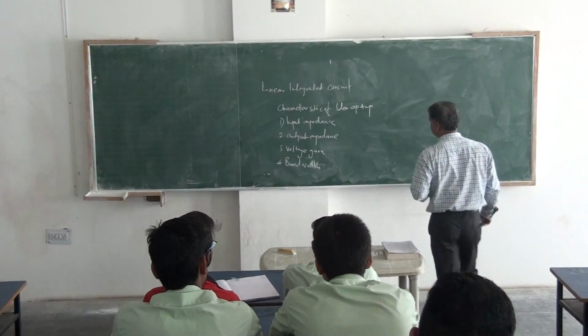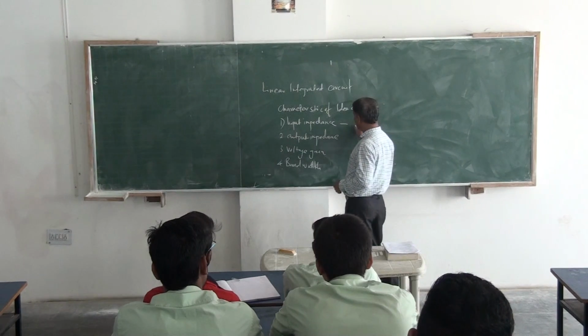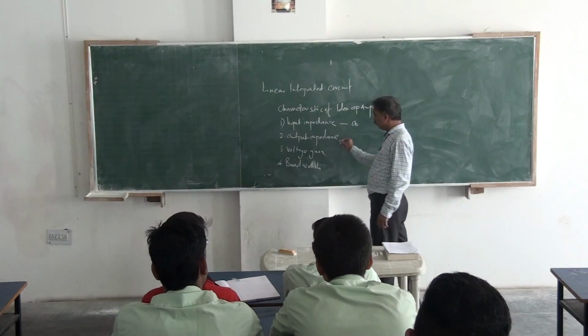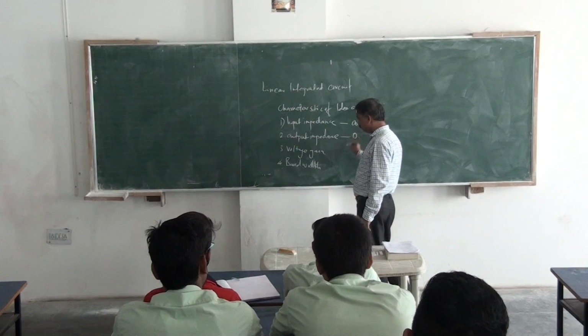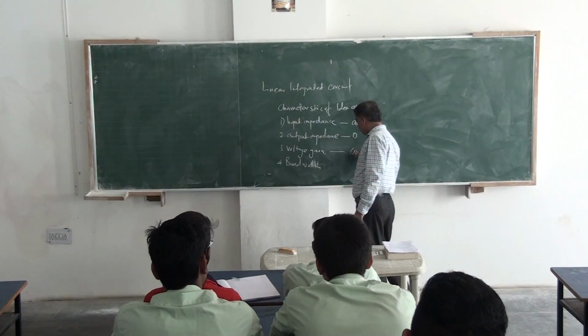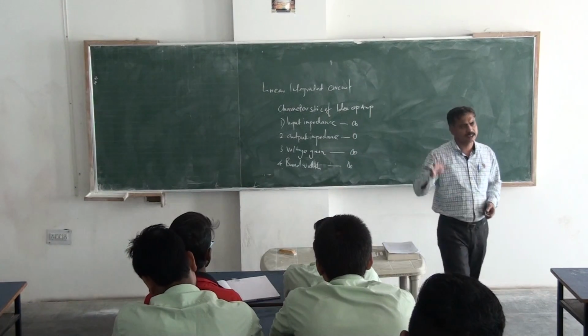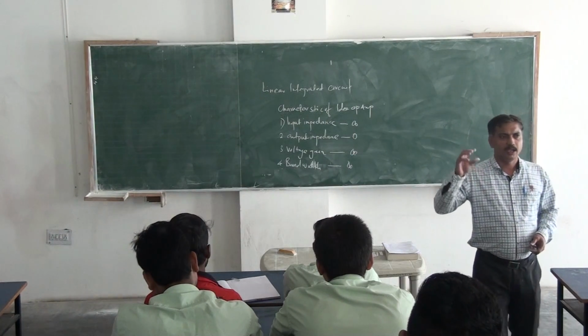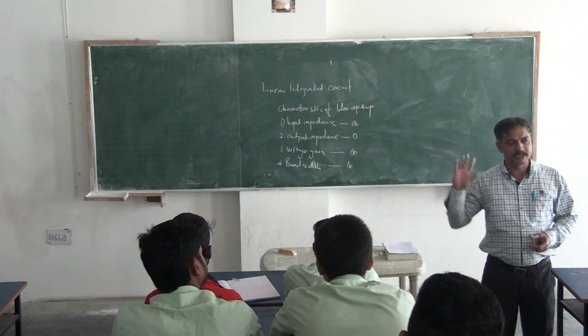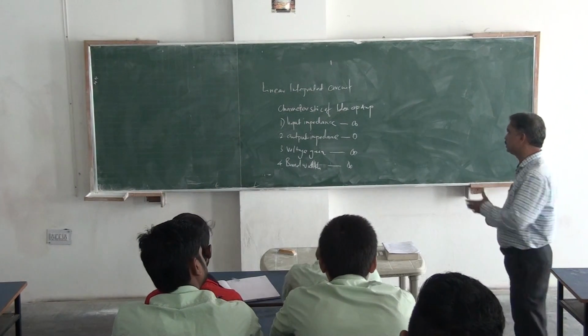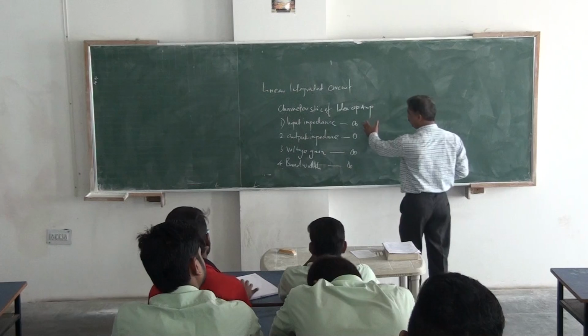Input impedance, ideally it should be infinite. Output impedance, ideally it should be 0. Voltage gain, ideally it should be infinite, and bandwidth should be infinite. These are the ideal characteristics as far as op-amp is concerned. But a practical op-amp doesn't hold these values.